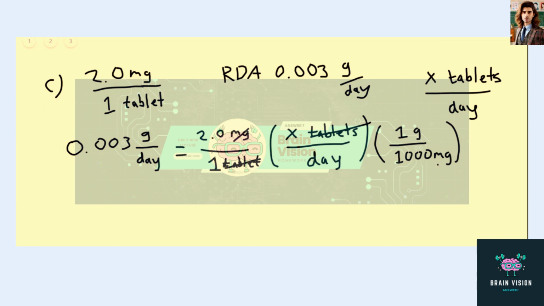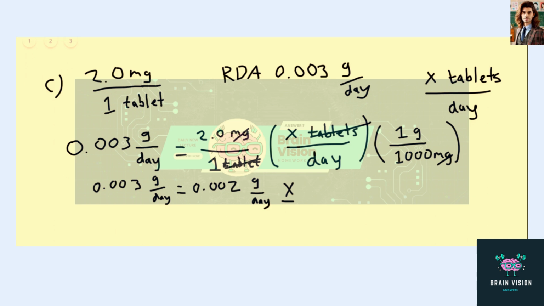Milligrams cancel out, and we're left with 0.003 grams per day, which equals 2 divided by 1,000, which is 0.002 grams per day, times x, the number of tablets we want every day.